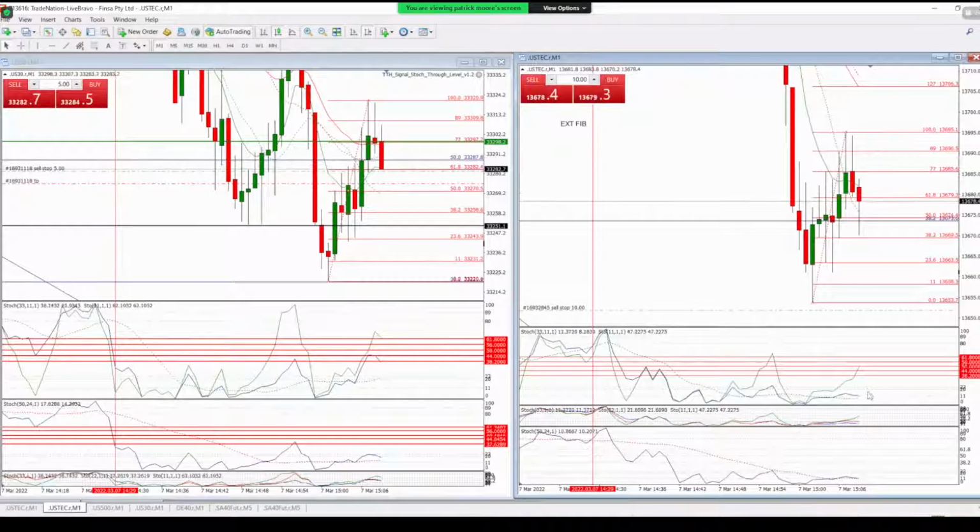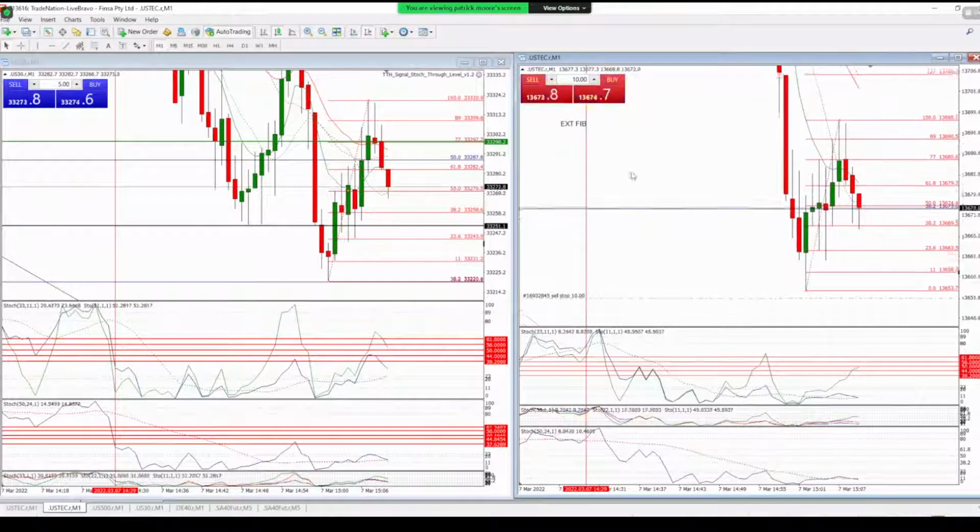US Tech, we can watch stochastic up through 50, we can watch it on the Dow as well. There, that took, and that hit TP on the Dow.